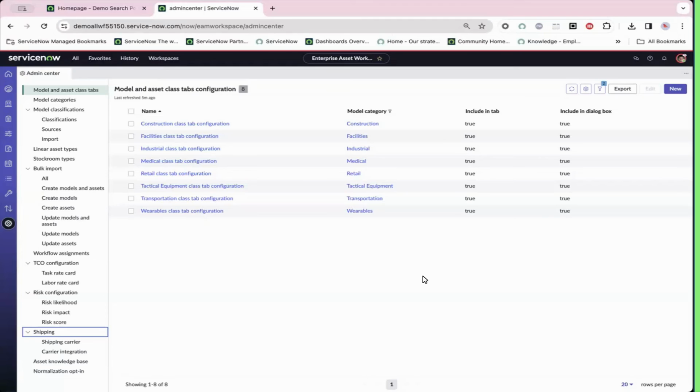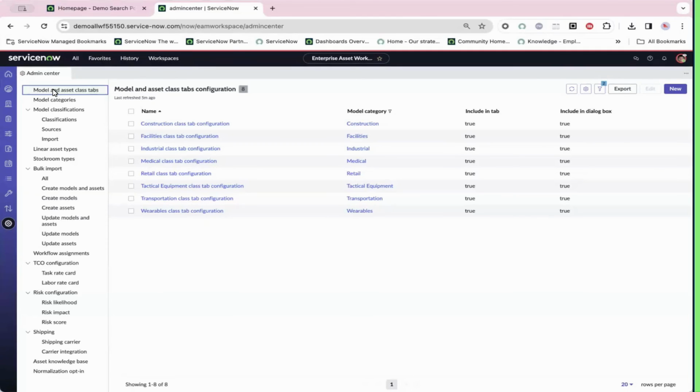Here is your admin center. So from the Enterprise Asset Workspace, we've navigated to that admin center module. And this view is a central hub for all of your initial enterprise asset management configuration and to perform that ongoing administration function within that single workspace, right?